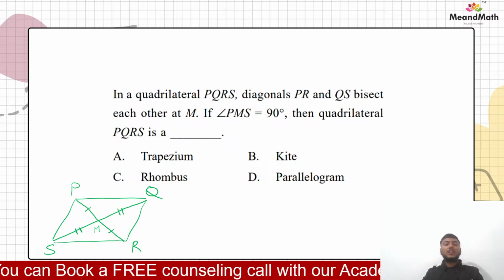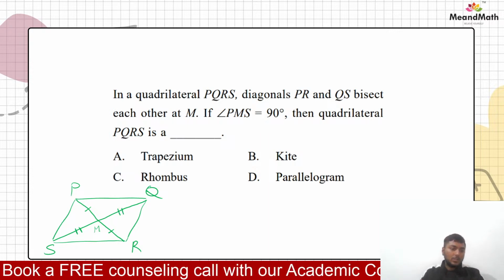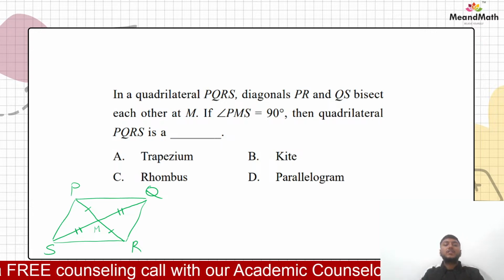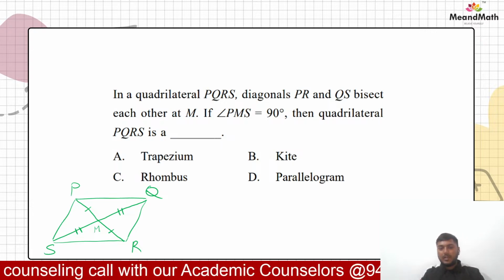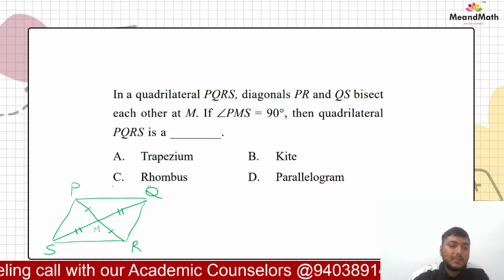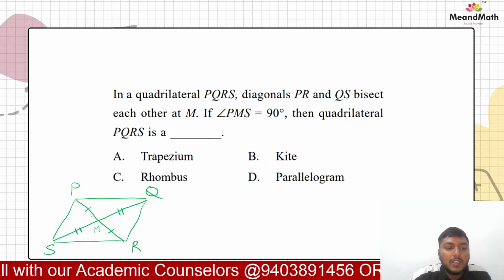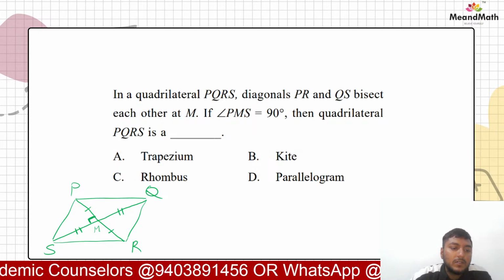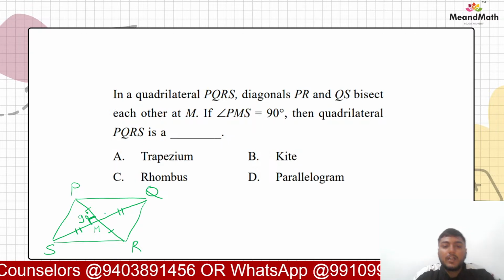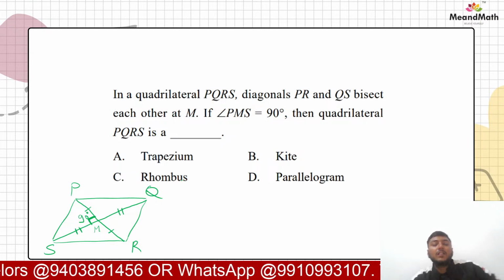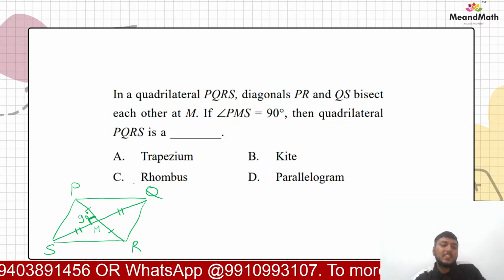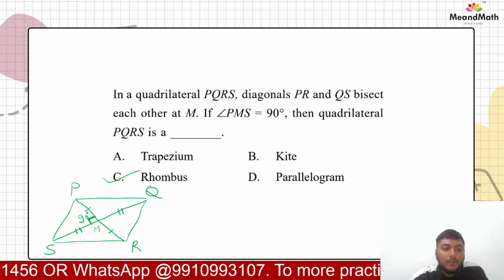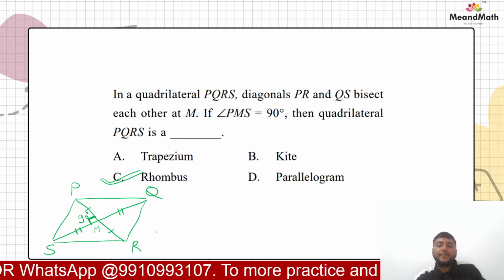So these are the two diagonals which are bisected by each other. If angle PMS is 90 degrees, this angle is 90 degrees, right? So we easily know that the diagonals of a rhombus bisect each other at right angles. So obviously it should be option C.